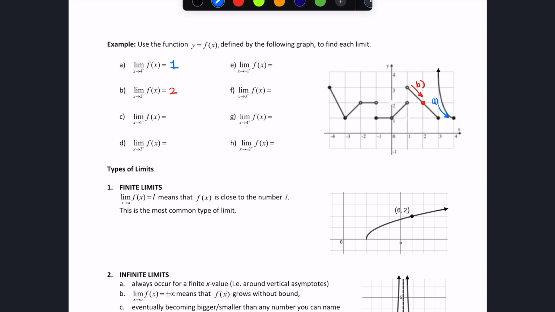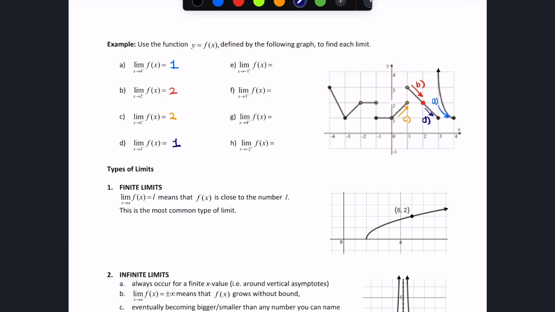You see that that would be here. Let's do that in orange. C, we see that that reaches at 2. The limit as x approaches 3 from the left side. That's right here. This is D. We see that that would be 1.